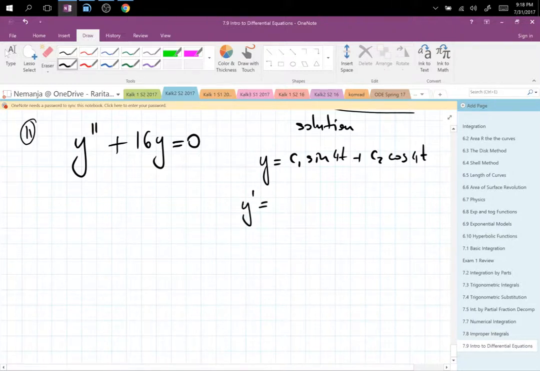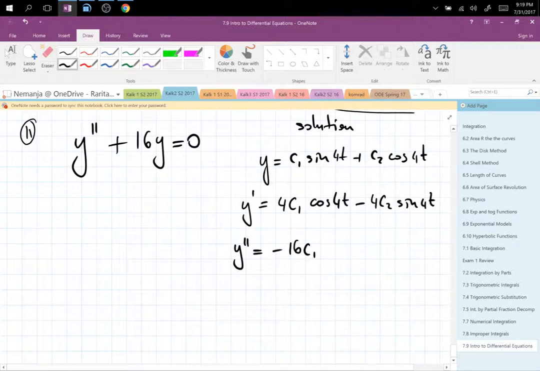y prime: c is a constant, we copy that. The 4 comes out as a chain rule. So 4c1 cosine 4t, and the derivative of cosine is negative sine, so minus 4c2 sine 4t. Second derivative: another 4 comes out, so minus 16c1 sine 4t, and then minus 16c2 cosine 4t.